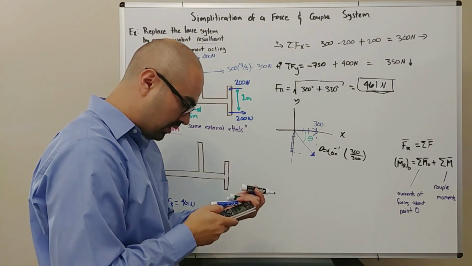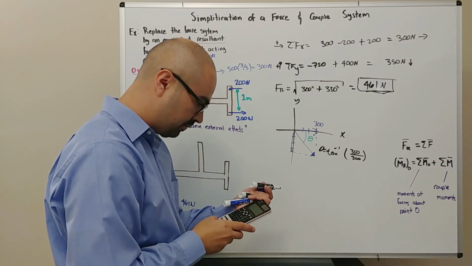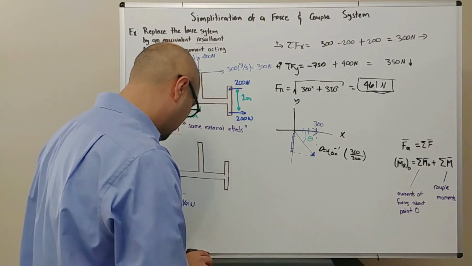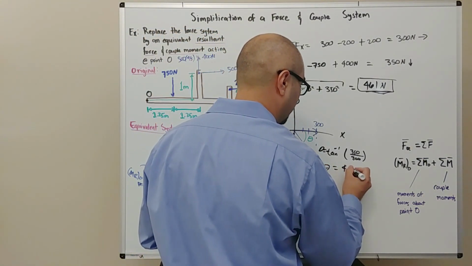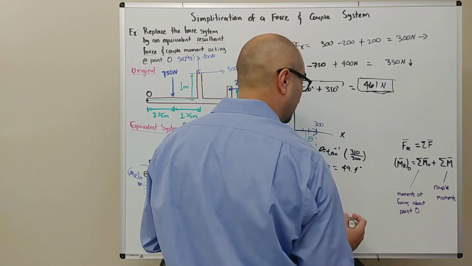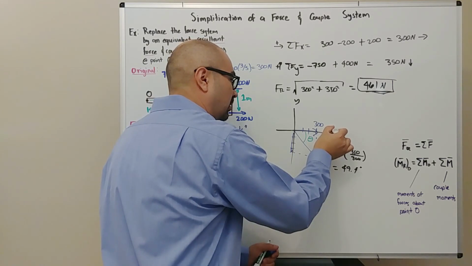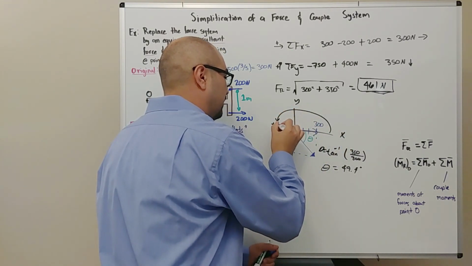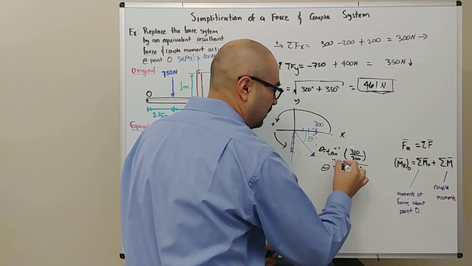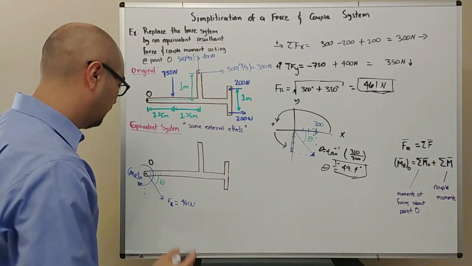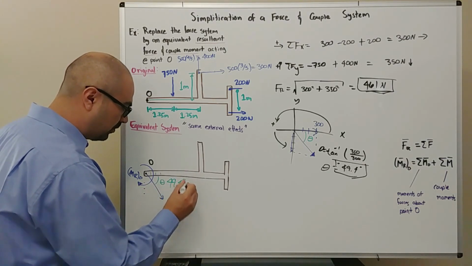So inverse tangent of 350 over 300 gives me 49.4. So theta equals 49.4 degrees. Now remember, usually we take our angles this direction as positive. So we went the opposite direction, we can say this is minus 49.4 degrees.